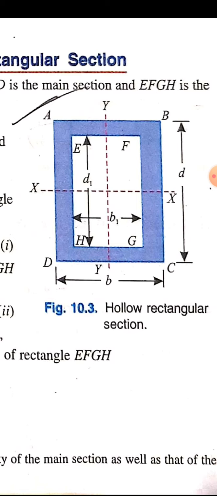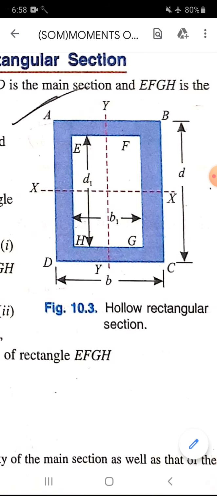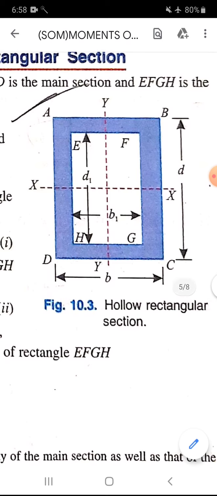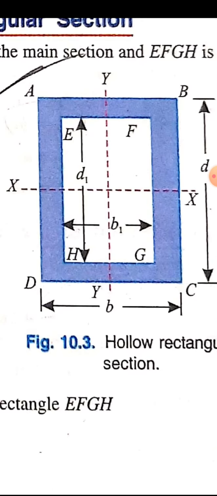Then depth is d1, small d1. Another is capital D. B is breadth, small b. Here cut out, in cutout section b1.